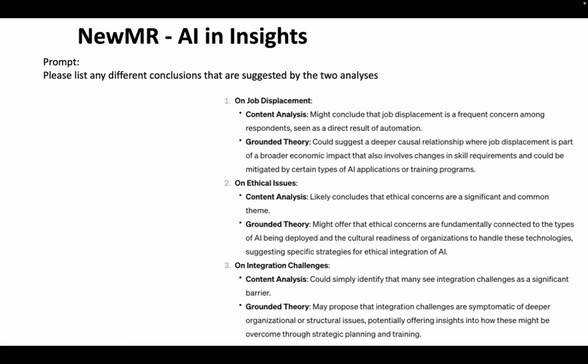I then ask it, and I think this is a more insightful question, but the first question sets the ground. What is different between the conclusions generated by content analysis and by grounded theory?